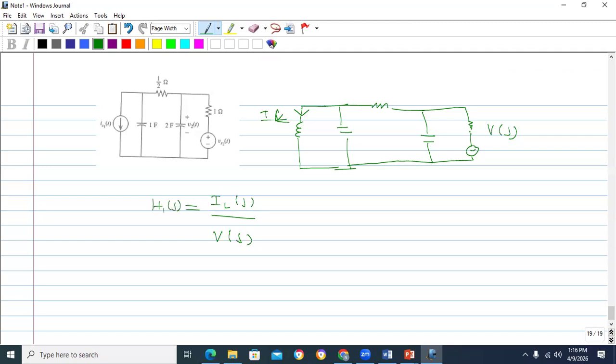It is given as a transfer function H1s. So you have to find ILS divided by Vs.